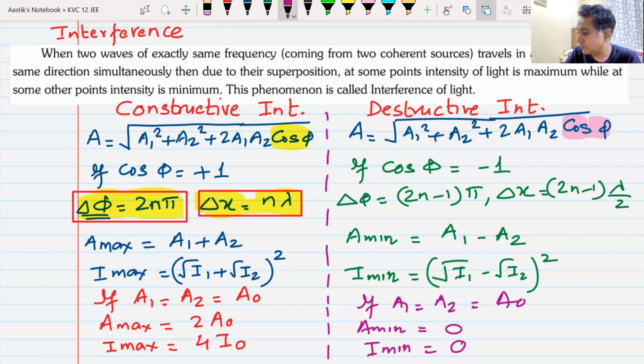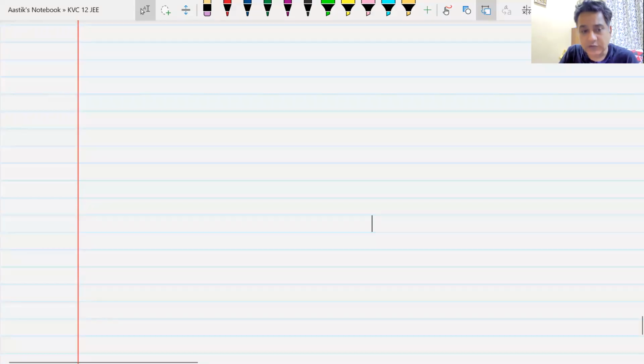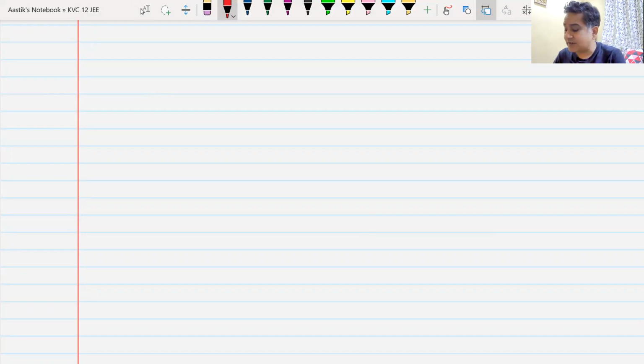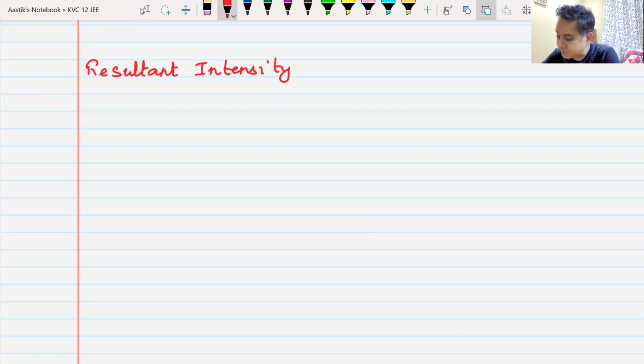Yes, sir. Okay. Now, many a times we have seen this thing coming when the amplitudes are same. So we can write a shortcut formula, resultant intensity for identical waves, and we might be using this formula many a time.